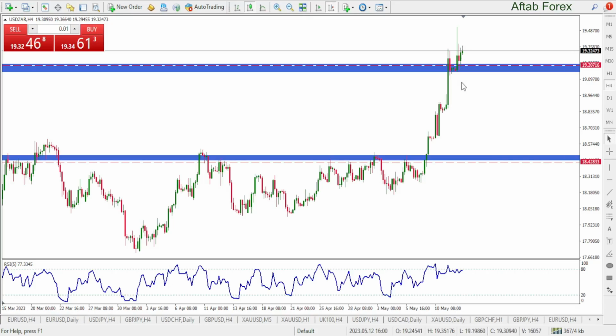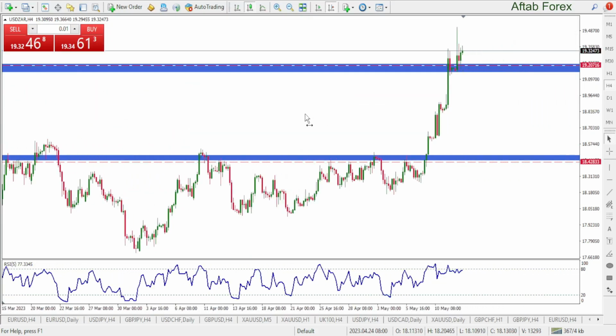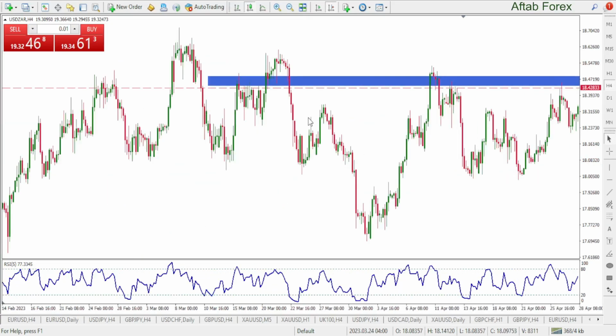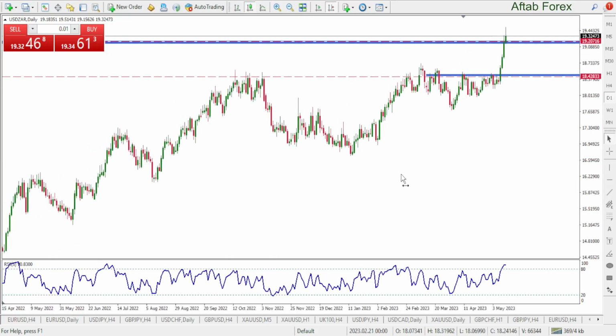And obviously these are dynamic levels, so when one level breaks, sometimes it is retested, sometimes it is left alone, but in the future that will become a strong support.